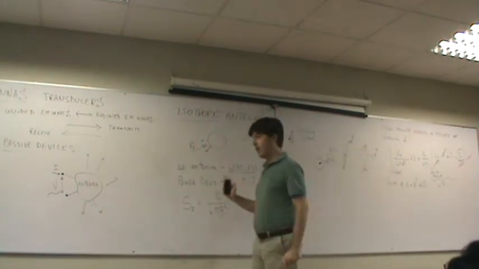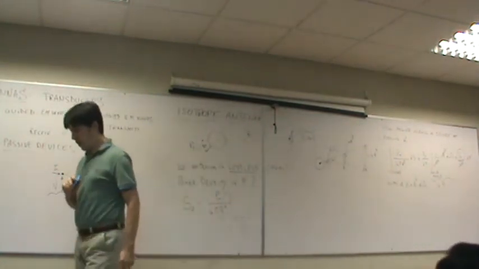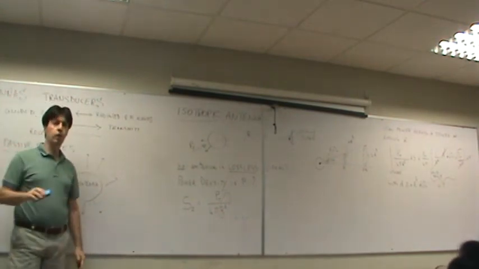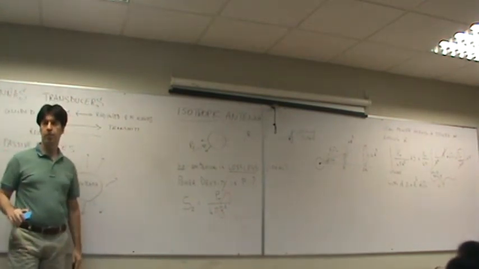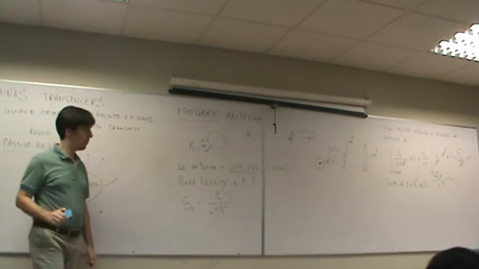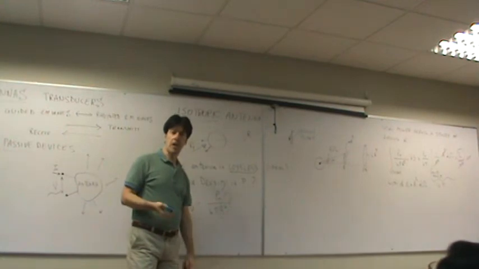That's the isotropic antenna. As I said, there are no antennas that are isotropic. You cannot build isotropic antennas. It would be nice for some applications, but it cannot be done. So what changes in real life?